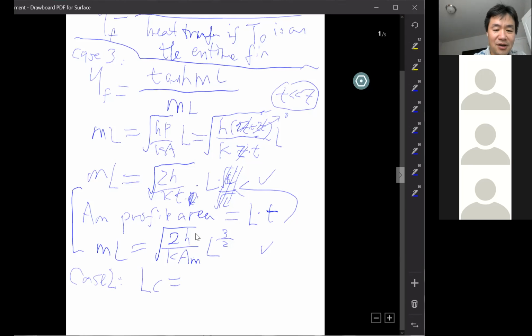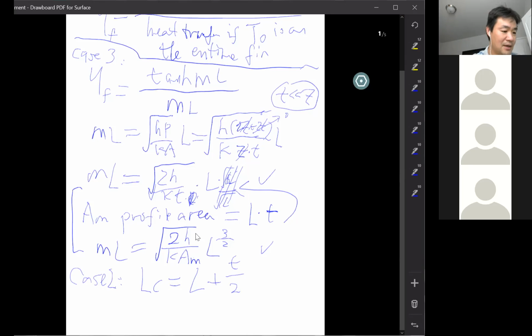Your length is L, right? At the end, on the tip, there is also heat transfer, also convection. So we can just flip the tip to the straight position, so it becomes half of the thickness of the tip. Let's count it as part of the fin heat transfer. So your fin heat transfer length becomes a little bit longer, a corrected length.